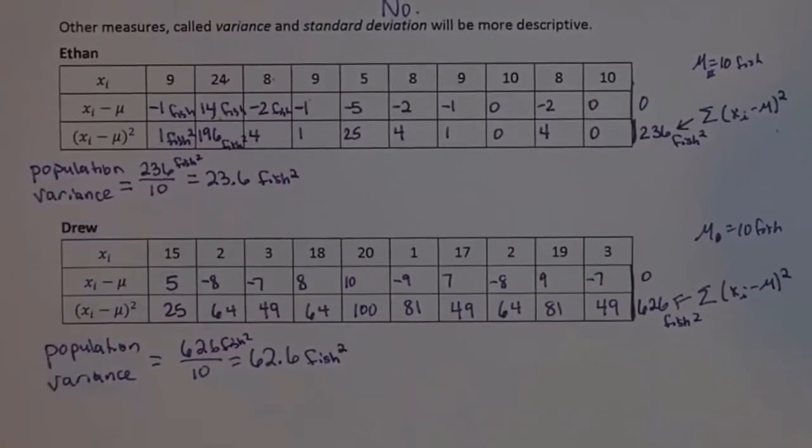So statisticians were like, wow, we love this variance thing, but square fish, that doesn't make any sense. What could we possibly do to not have such weird units? So statisticians said, hey, to get back to fish, let's just take the square root of this variance.